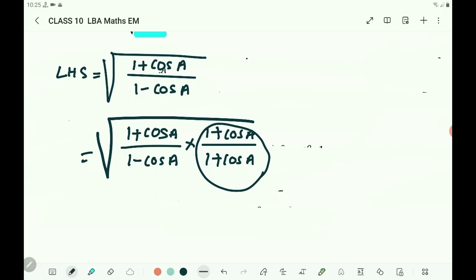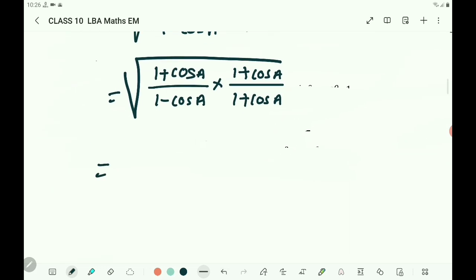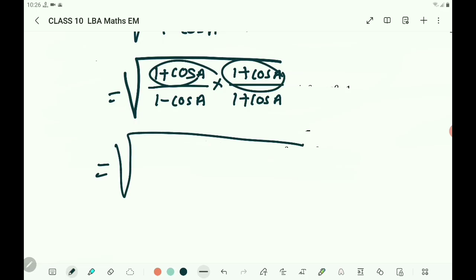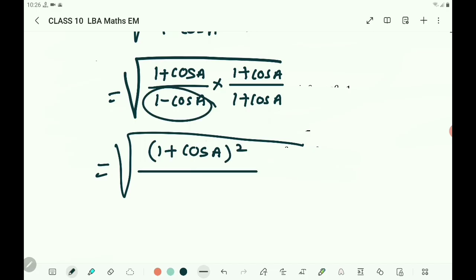We multiplied 1 plus cos A and divided 1 plus cos A. Both numerator and denominator are multiplied by 1 plus cos A equals 1 plus cos A into 1 plus cos A is 1 plus cos A whole square, by 1 minus cos A into 1 plus cos A is 1 square minus cos square A. That is, we have to use the identity A minus B into A plus B equals A square minus B square.